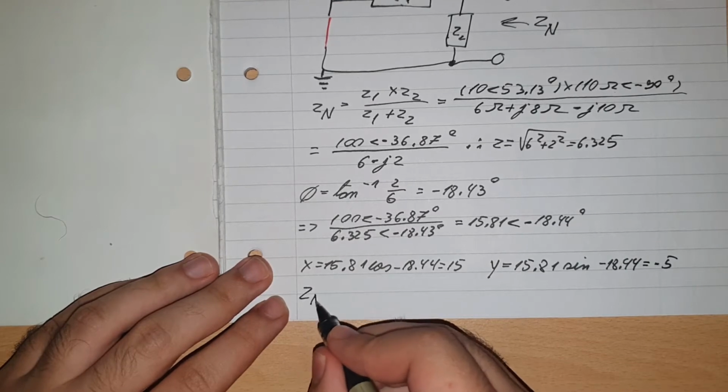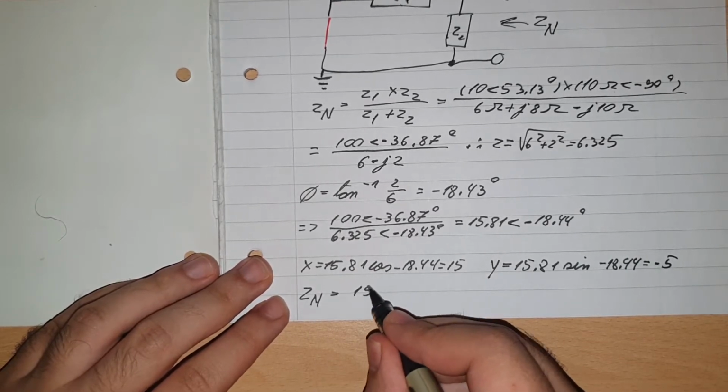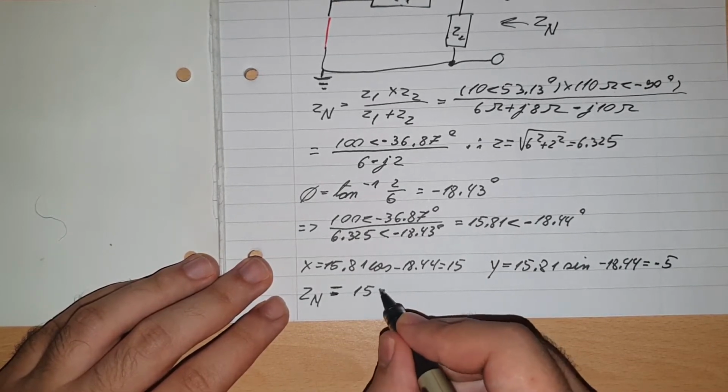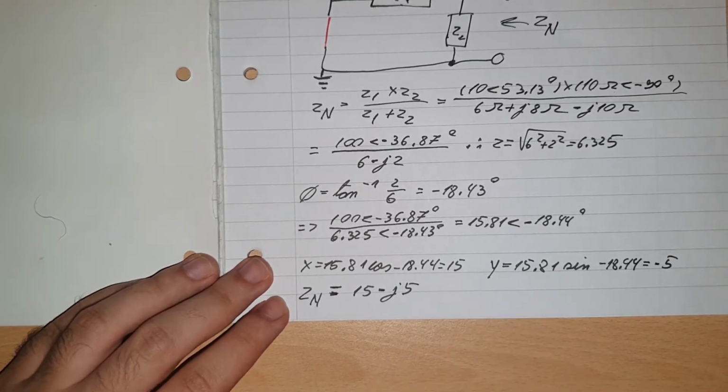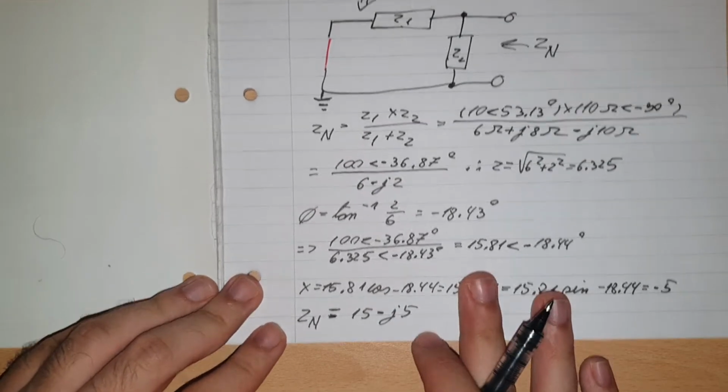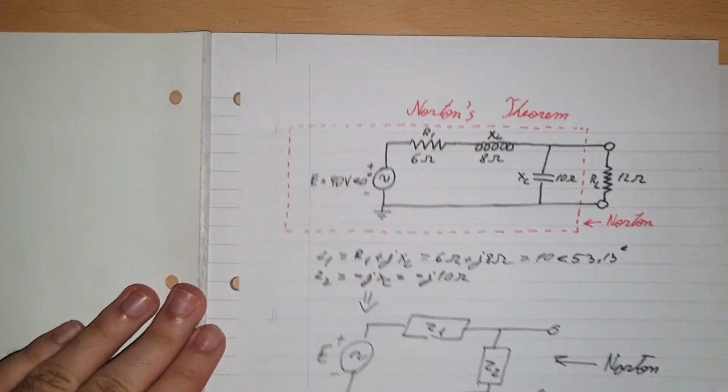So then Zn will simply be equal to 15 minus j5. So that's Zn, already very fast and very simple. Let's go to a new page because I don't have any more space.